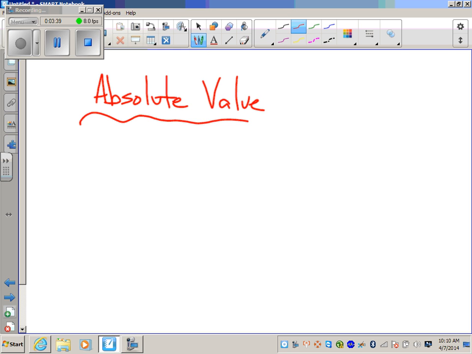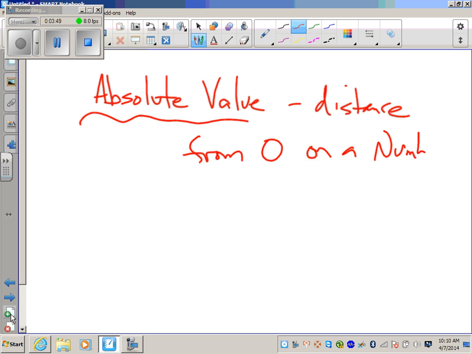Absolute value is distance from 0 on a number line. Okay.